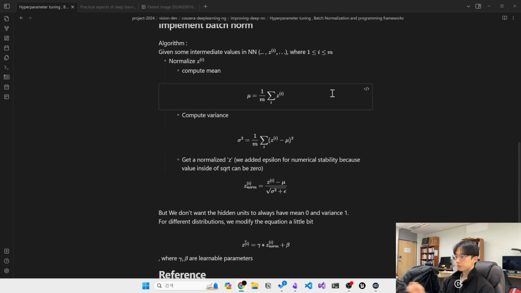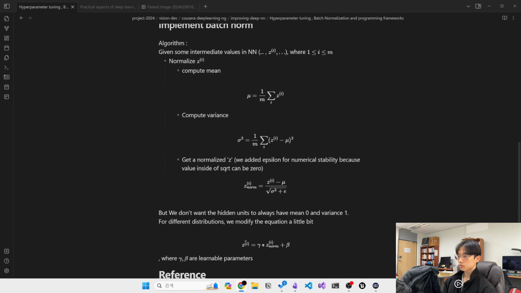In fact, if gamma equals square root sigma squared plus epsilon, so if gamma were equal to this denominator term, and if beta were equal to mu, then the effect of gamma z norm plus beta is that it would exactly invert this equation. So if this is true, then actually z tilde i is equal to z_i.